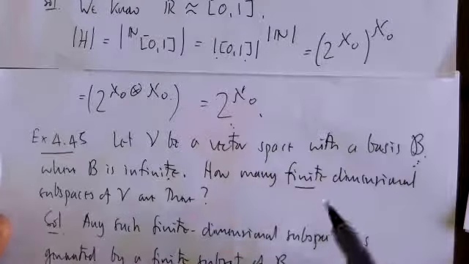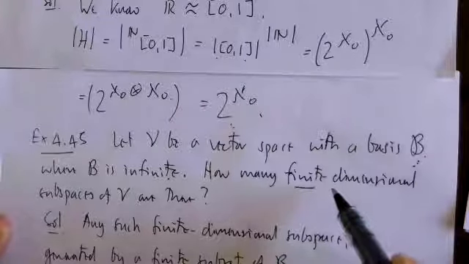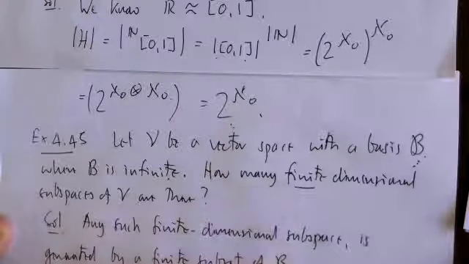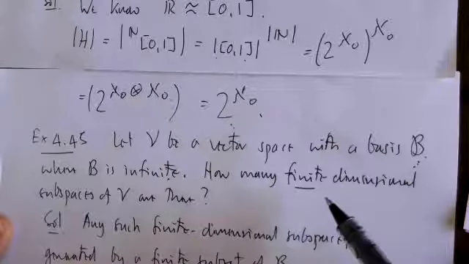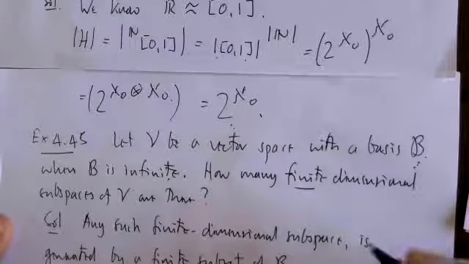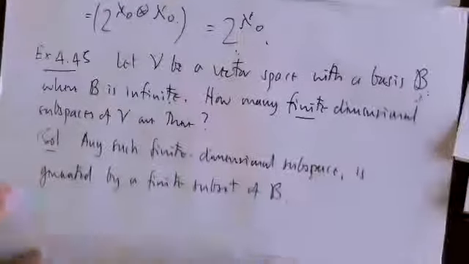So any finite dimensional subspace of V has a finite number of generators, and they in turn can all be generated from a finite subset of B. So really what the question is about is how many finite subsets of B there are. So it's a coded question about the number of finite subsets of B.